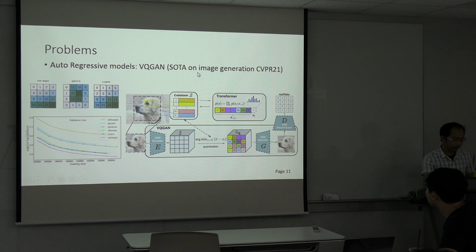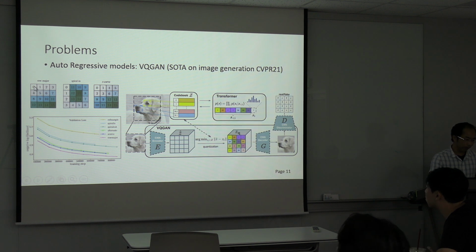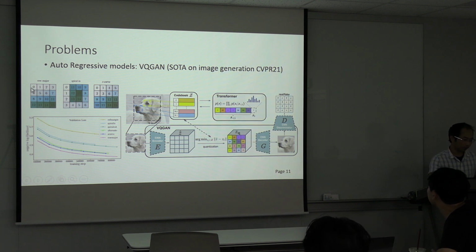For example, assume we have the input here, the first position. The model can predict position number 1, and it continues to predict 2, 3, and so on. That we call an autoregressive model.